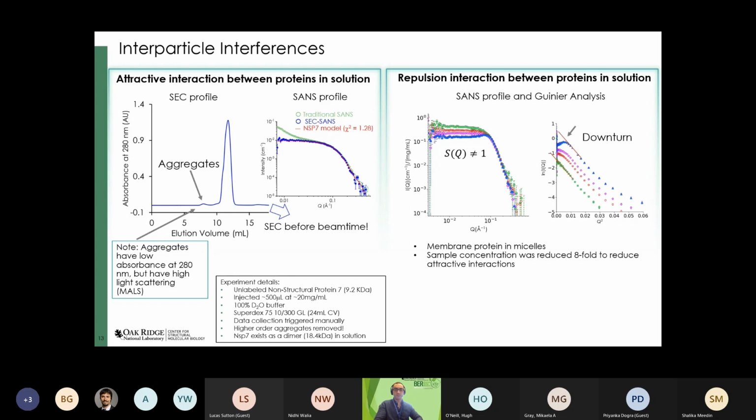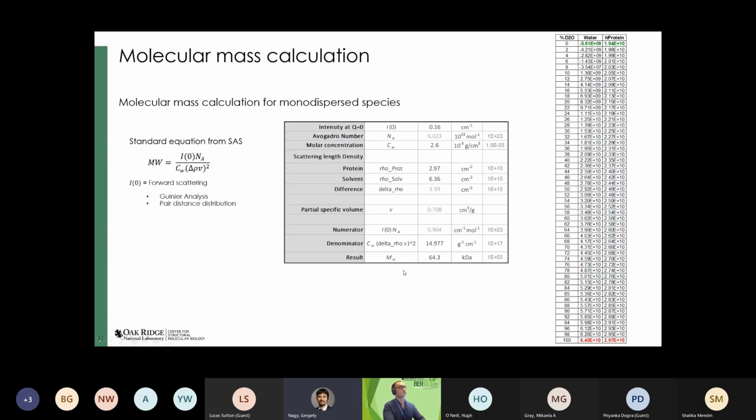I don't see another question right now. Well, I think Lorena might be following up on that. Can't you get the density by doing the contrast variation, so the density will be determined where you find the match point? Would that come out of that, Gergely?